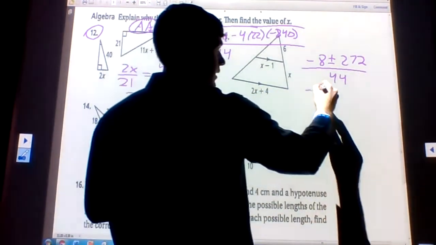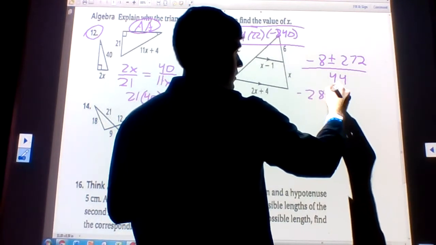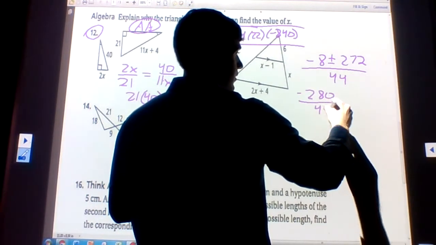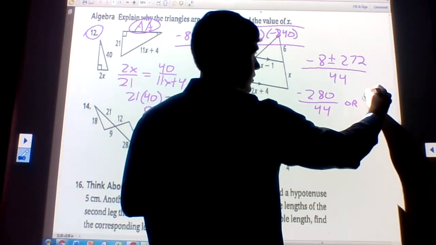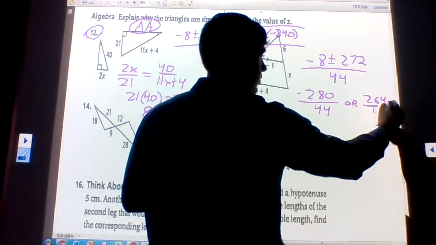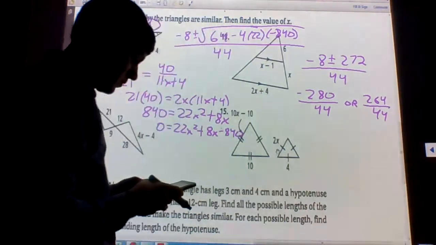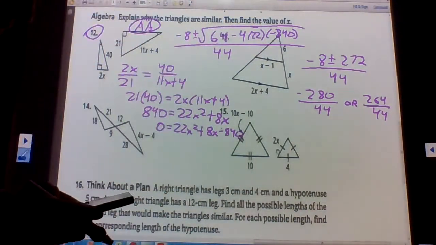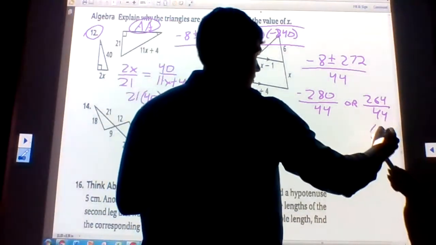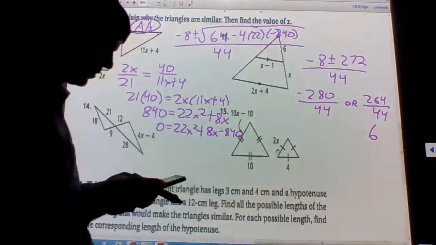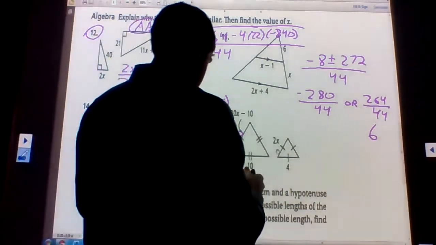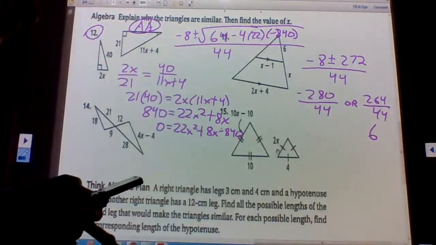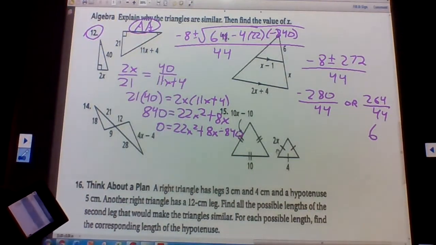So that's 280, negative 280 divided by 44, or 264 divided by 44, which is 6. Negative 280 divided by 44 is negative 70 over 11.